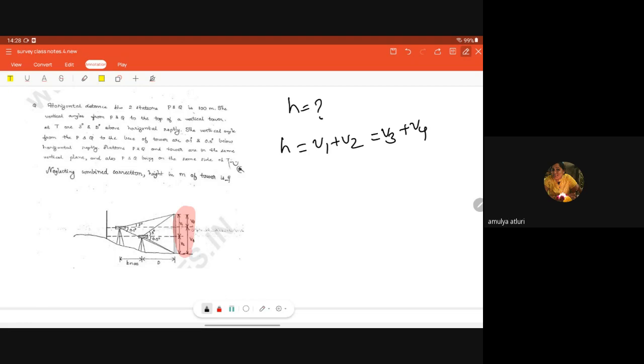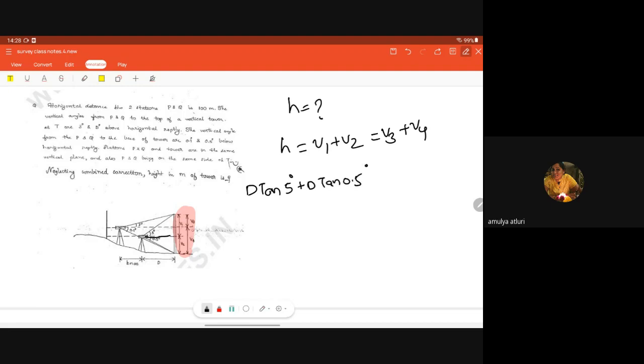From the formulas we'll just substitute H. What is the total angle here? It is given like 5, right? So we'll do with the total height. I can write this height as d tan 5 degrees plus d tan 0.5 degrees, right?